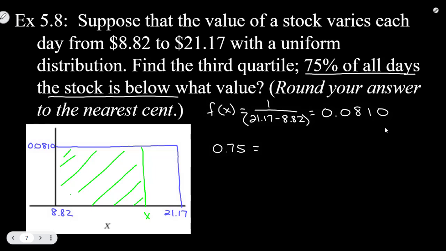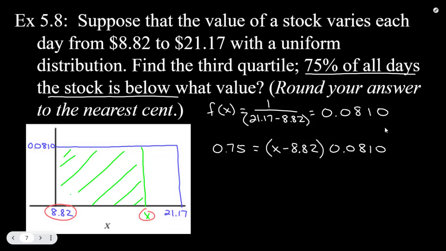And in order to find that, the area of the base will be x minus 8.82. That way we're doing everything in the same order each time, times the height, which is 0.0810.